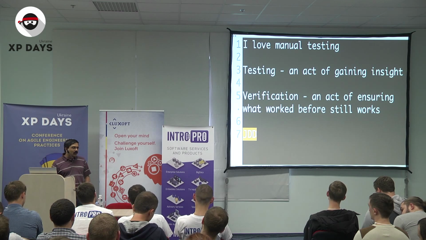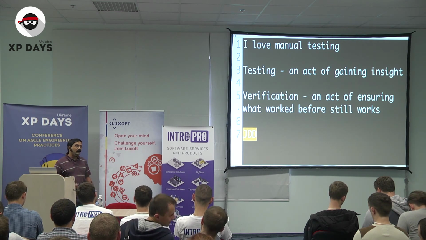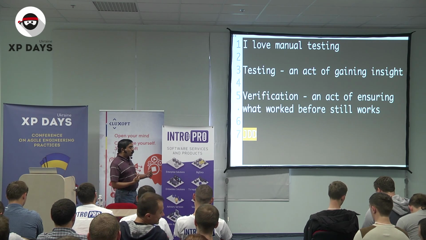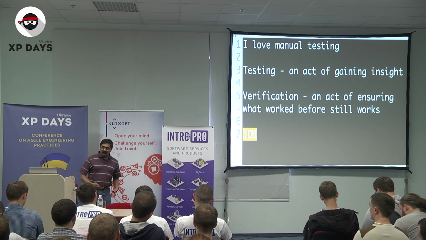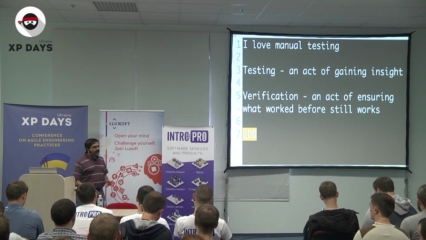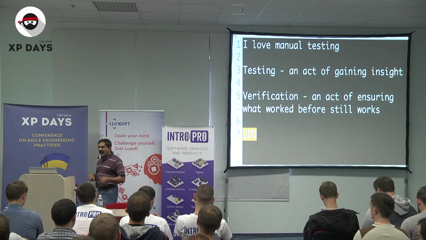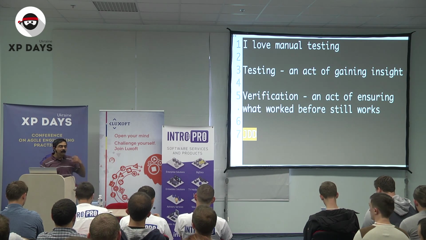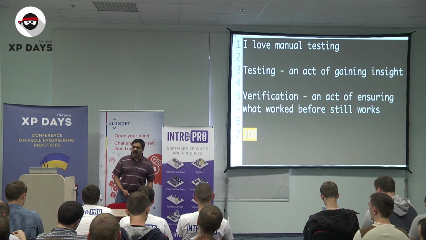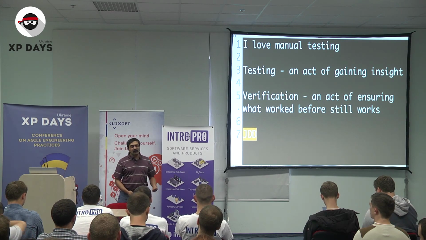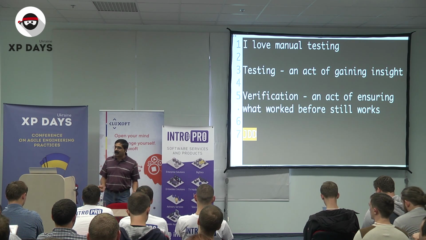And so how do we really get that feedback loop into our projects? So we want a really good way to verify that what worked yesterday is still working today, and that becomes extremely important. So for that reason, I want verification. But unfortunately, with any non-trivial software, we possibly cannot be running manual verifications to know that everything works because the permutation combination is so much that no human being can keep up with it.